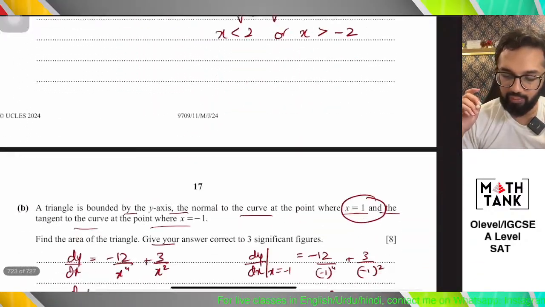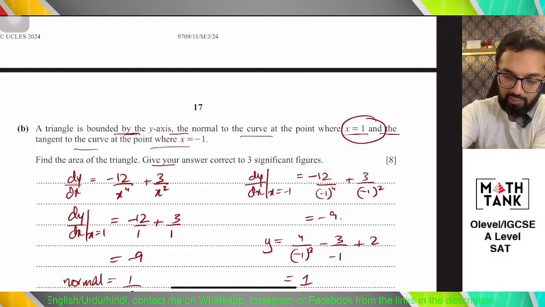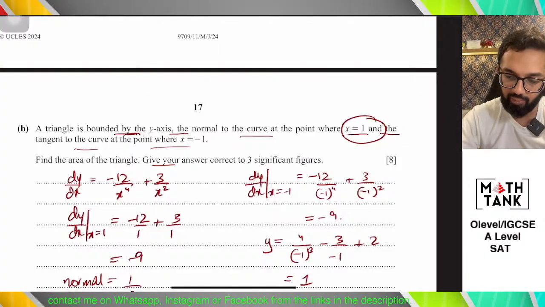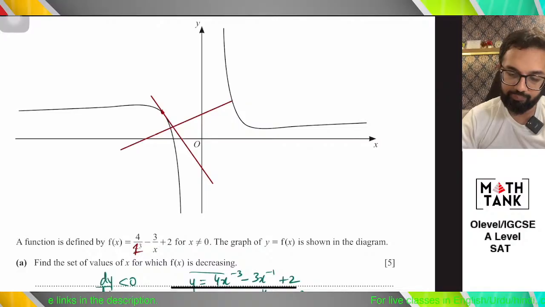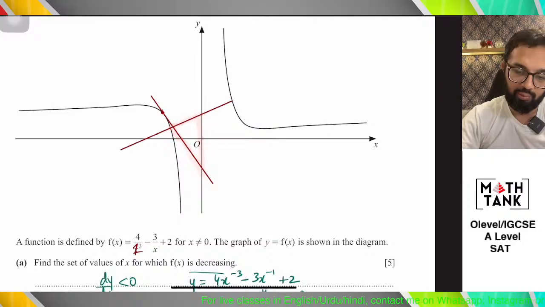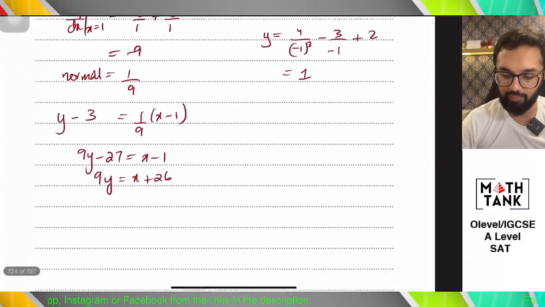Okay, what do I want to find out? I want to find the area bounded by the y-axis, the normal to the curve, and the tangent to the curve. I'm looking for this area. I could certainly find this coordinate. What's the y-intercept?